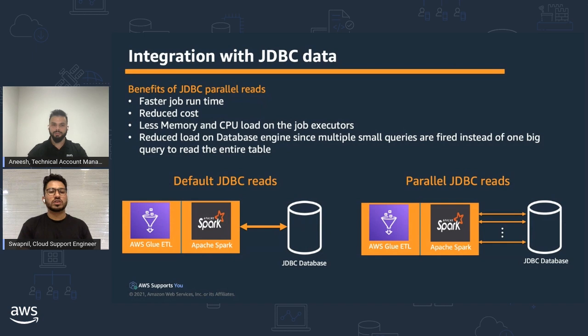On the Glue executor, parallel executors are used to read parts of the table, so there is no one executor reading the entire table. And also on the database side, we don't have any single select star query to read the entire table. We have smaller queries to read the data from the tables. That's why we see a reduced CPU and memory load on the database.